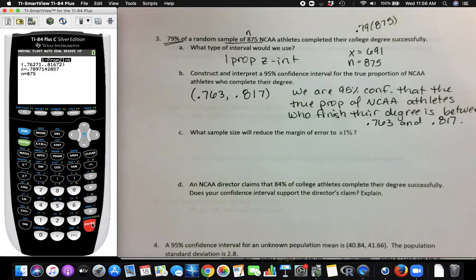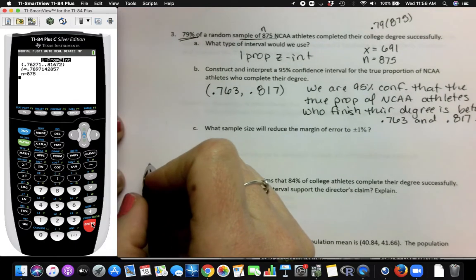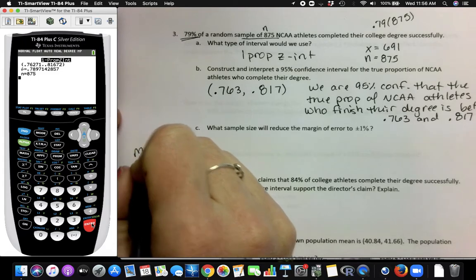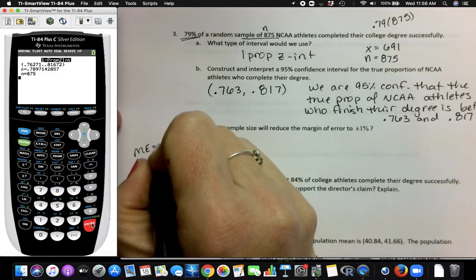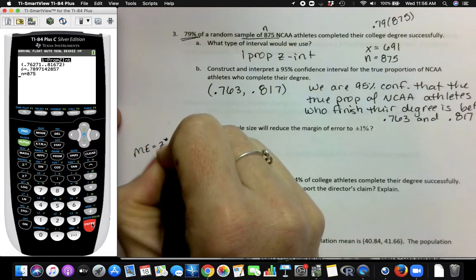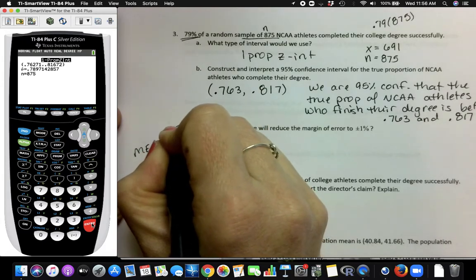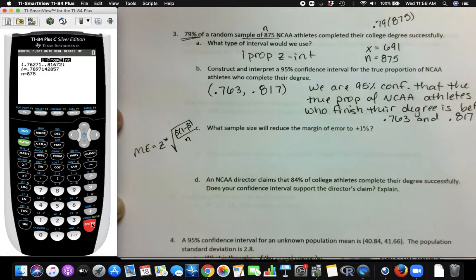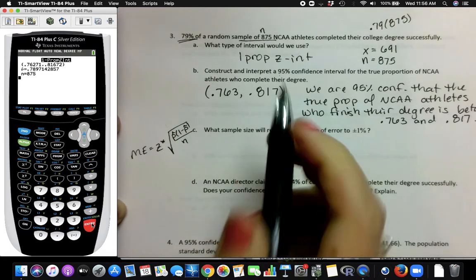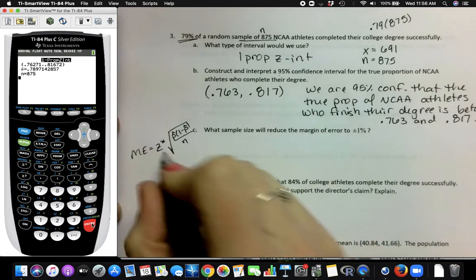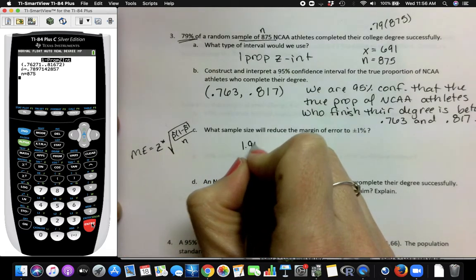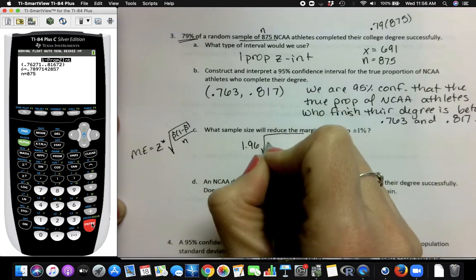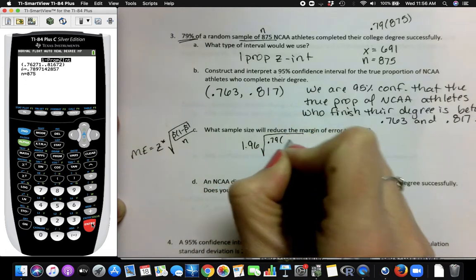Okay, what sample size will reduce the margin of error to plus or minus 1%? Okay, so we have to know our formula here for margin of error for a 1 prop z. So this is going to be z critical times the square root of p hat times 1 minus p hat divided by n. So we're going to fill in everything we know. Because it's 95%, z critical is going to be 1.96. P hat was 79%, so remember we use a decimal.